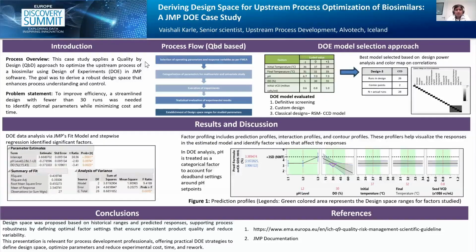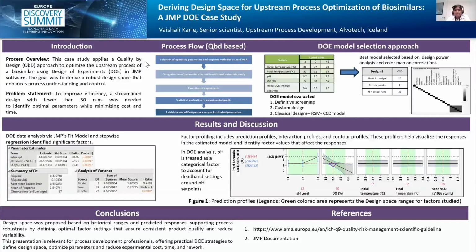So in figure 1 of the prediction profilers, I can explain that the factors pH, DO, initial temperature, final temperature, and CDVCD are compared or analyzed against the predictor formula for one of the quality parameters, that is HHL. So we wanted to see the effect of the factors on the quality outputs.